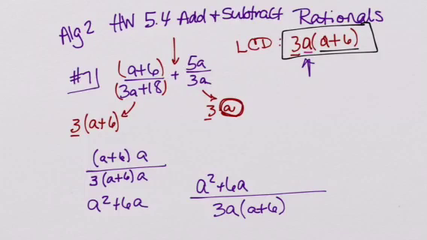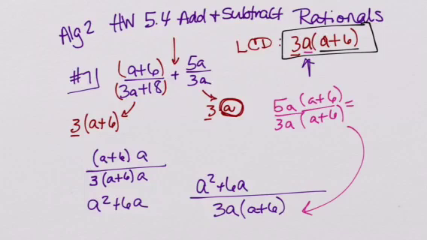The second fraction over here, let's say that I have 5a over 3a. He is only missing the a + 6, so I go ahead and give it to him in the top and the bottom. The bottom becomes what the bottom is down here, so that's good.